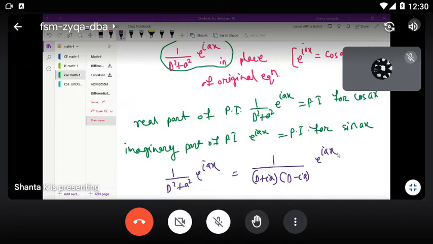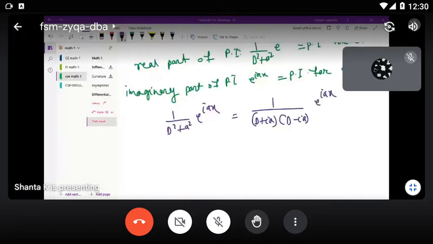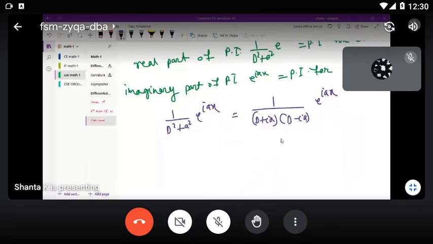Because if you put ia here, it will be minus a square, since i square is minus 1, and it becomes 0. Instead of that, we will do this. Now we put this formula here: in d plus ia, you can substitute 1 by ia plus ia, and d minus ia will remain.